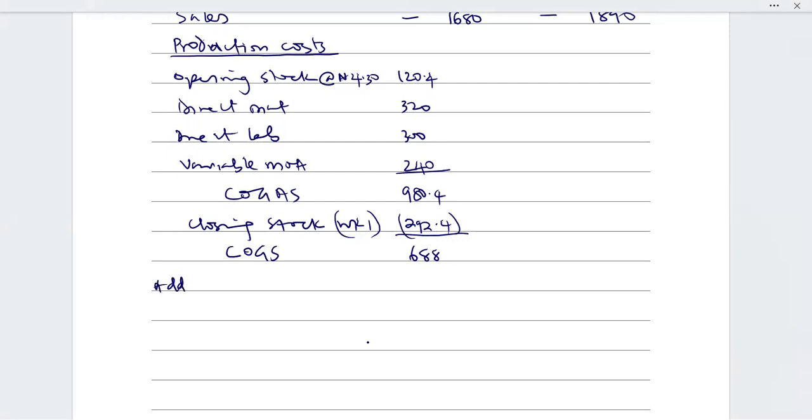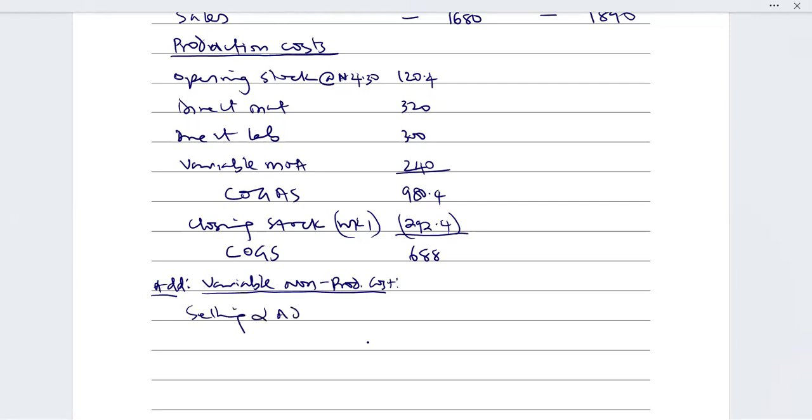Add variable non-production cost. This is where you can have variable selling and distribution expenses, variable admin expenses. Any cost that is variable but not related to production must be added to the cost of goods sold. So in this case, in the question we have variable selling and admin expenses.